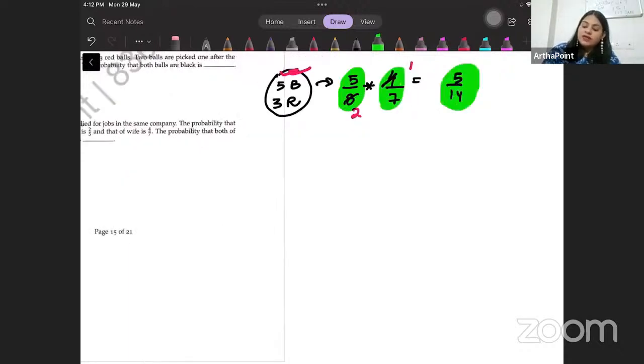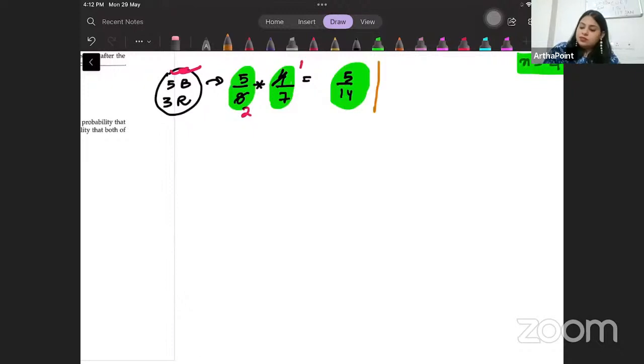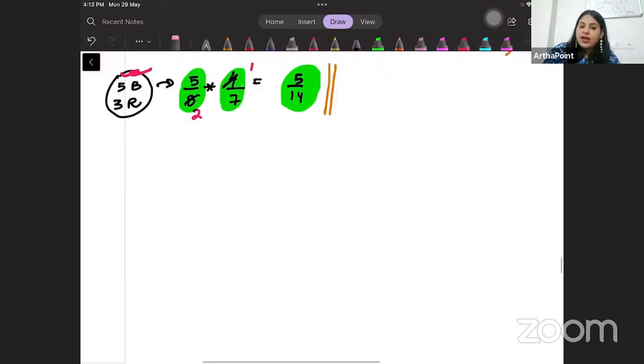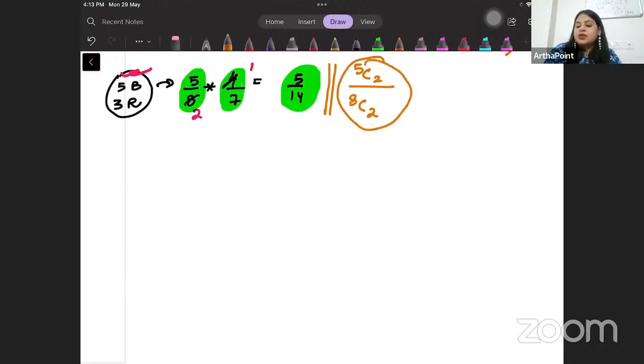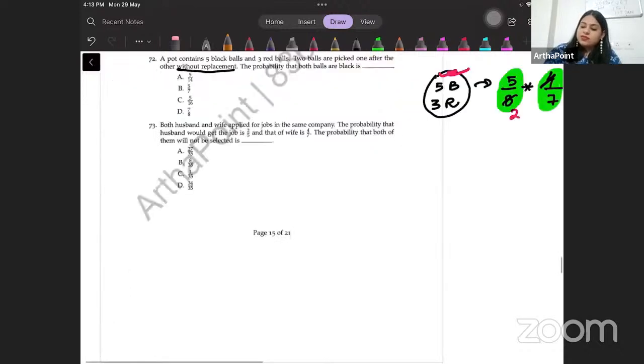But alternatively, you could have done it like this also. You could have said, I need out of 5, 2 black balls, and out of 8, I need to draw 2 balls. So even if you solve this 5C2 by 8C2, you will get the same answer. Okay, so this is done.